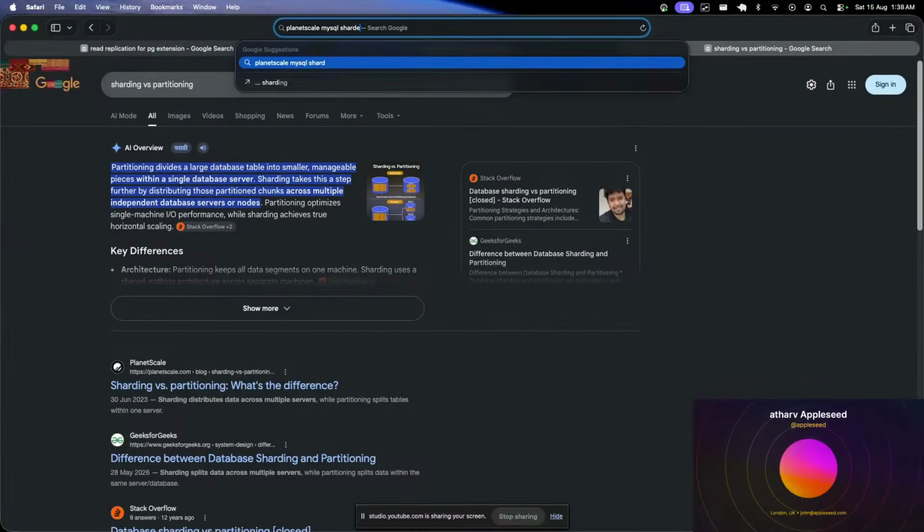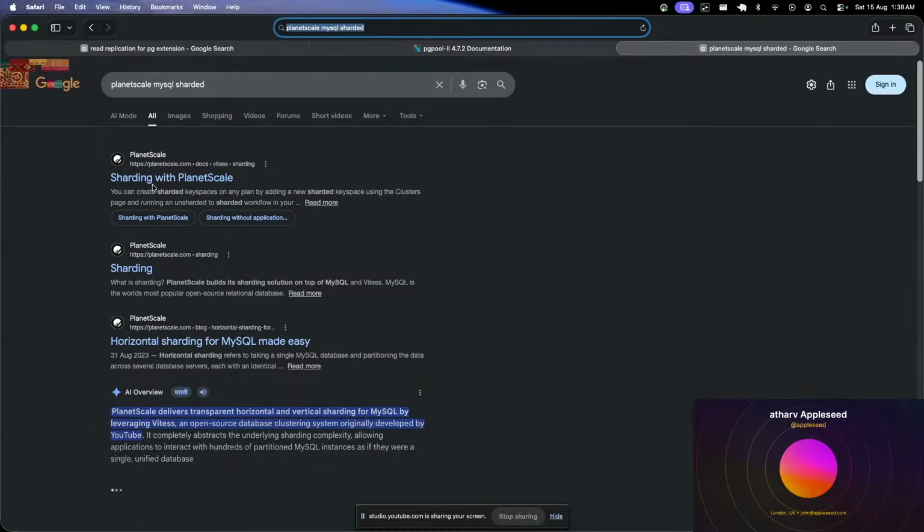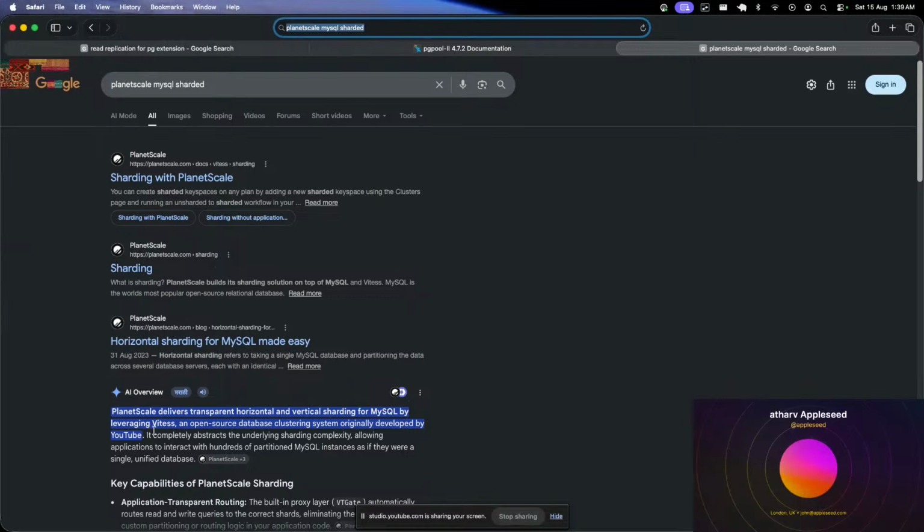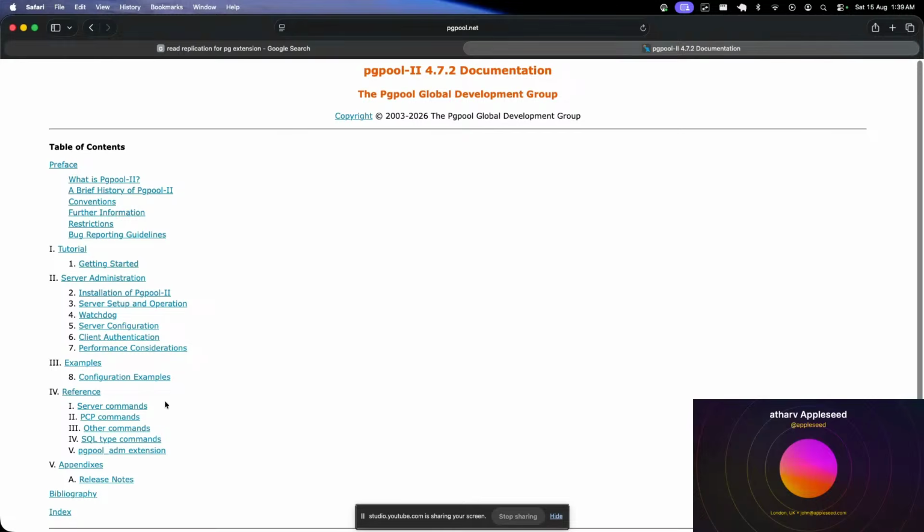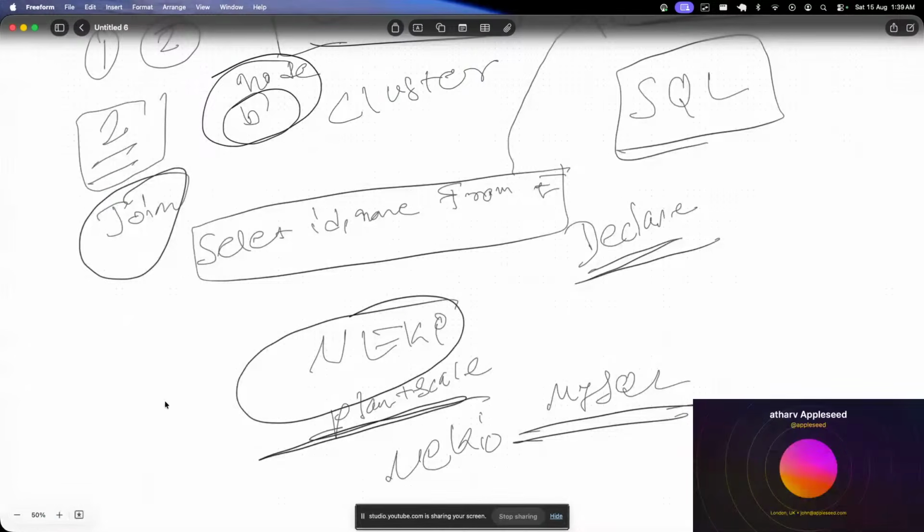PlanetScale, MySQL, sharding. Yes, Vitess. Vitess is actually an open source clustering system which was developed by YouTube, but how you execute it on the physical hardware level, we have to admire PlanetScale for how they did it.